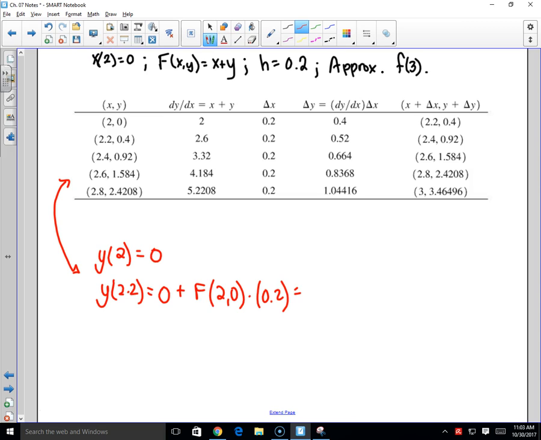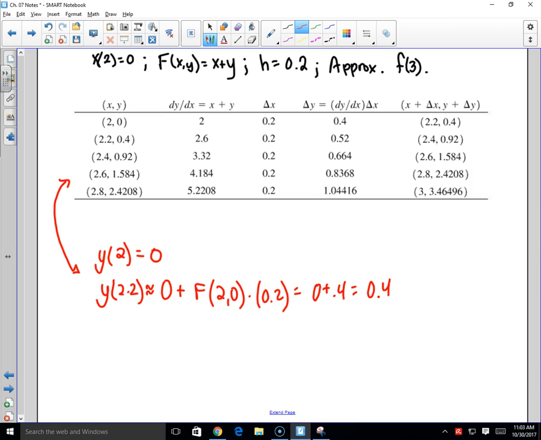Now, pause. What's something that's a grave mistake and a grave error? Equals. Now, what should it be? Good. It looks like a congruent symbol. It means approximate. Then I can say 0 plus, and I would plug in 2 plus 0 is 2. 2 times 0.2 would be 0.4, and I have 0.4. So I also get to 2.2 and 0.4, just not using the table.